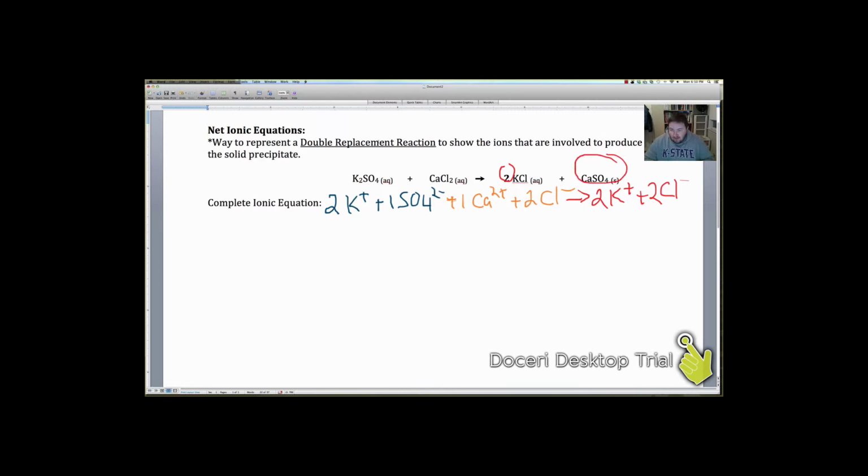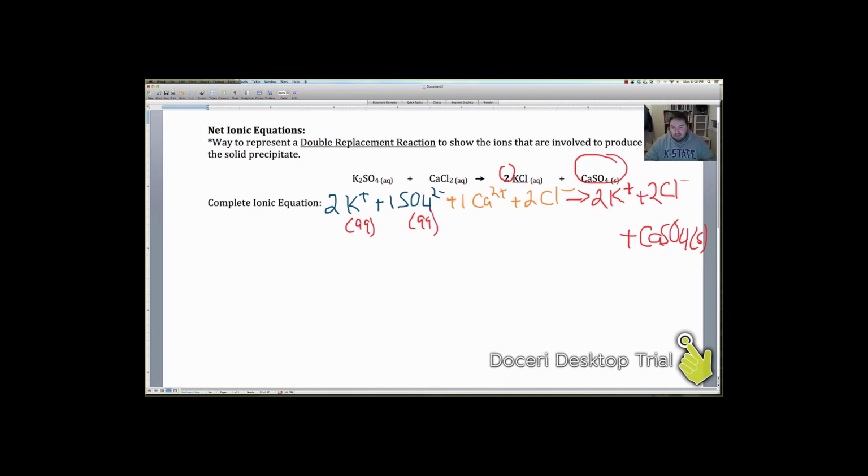Because it became a compound and it's not individual ions floating around in solution, I don't break it apart into the ions that make it up. I simply leave it as CaSO4 solid. Everybody else there is aqueous, and I can add that little symbol to every single one of these ions to show that it is dissolved in water.